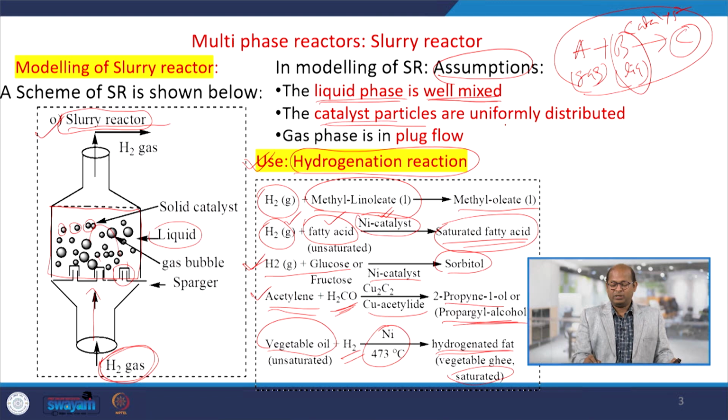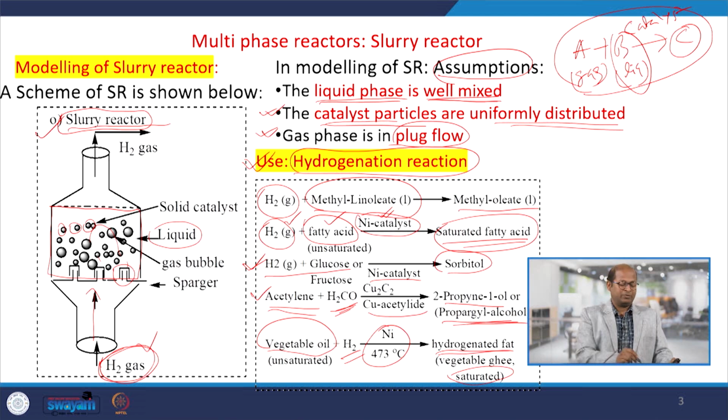Catalyst particles are uniformly distributed. The catalyst, that is the solid particles, we are assuming is distributed uniformly, and the gas phase, here hydrogen, is flowing inside the reactor in the form of plug flow. So, these are the assumptions.